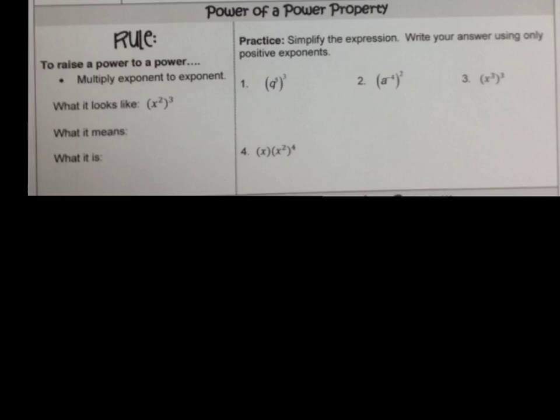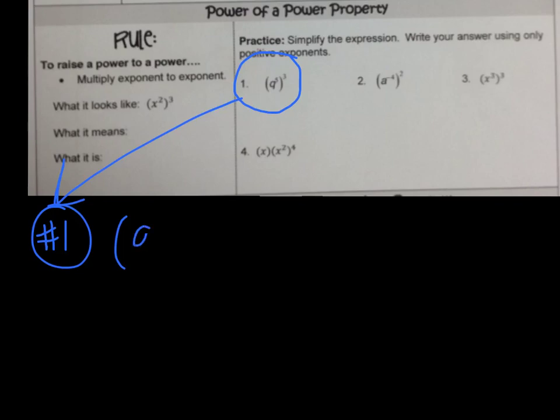Alright, so let's practice. It says simplify the expression and write your answer using only positive exponents. Alright, we're going to do number 1 first. I'm going to bring it down here since it's kind of blurry. Number 1 says q to the 5th power raised to the 3rd power. So we have a power of a power, an exponent raised to another exponent.